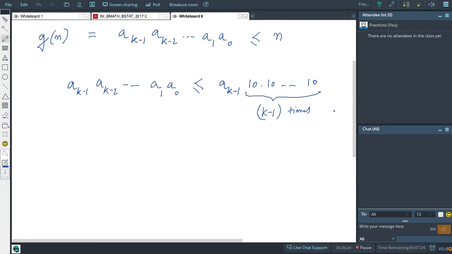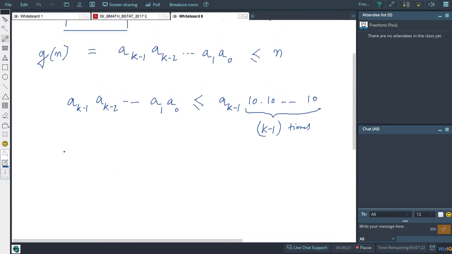And so the product of the digits, that is the product for i going from 0 to k minus 1 of ai, is obviously less than or equal to a k minus 1 times 10 to the power k minus 1.